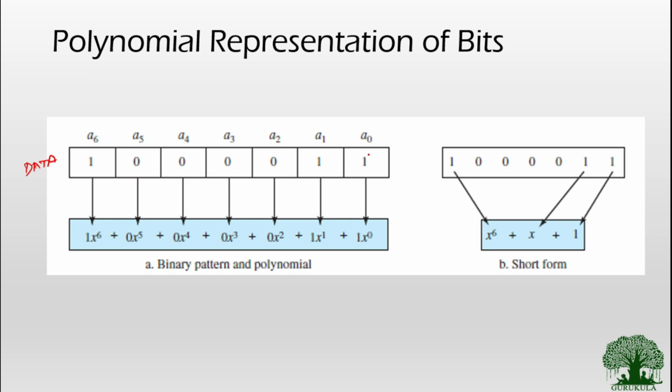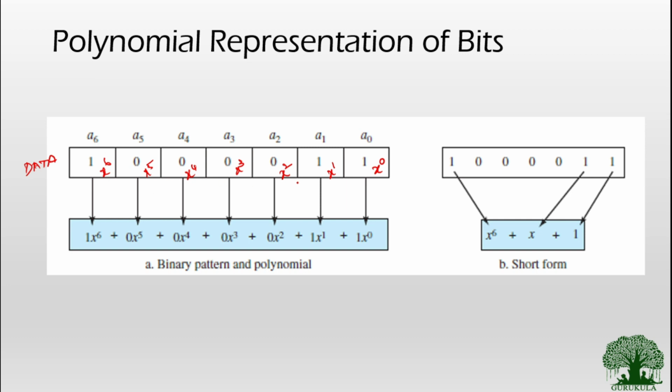The first position of the bit represents the polynomial x to the power of 0. Similarly, the second position takes the polynomial representation of x to the power of 1. It goes on: x to the power of 2, x to the power of 3, x power 4, x power 5 and x power 6.